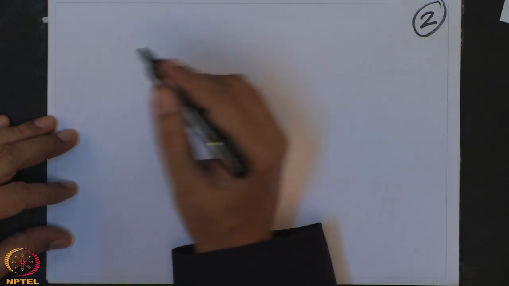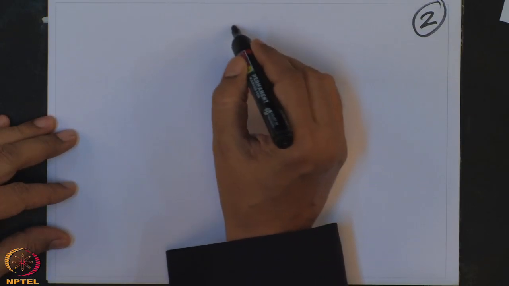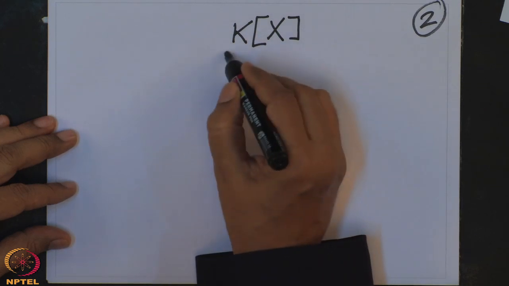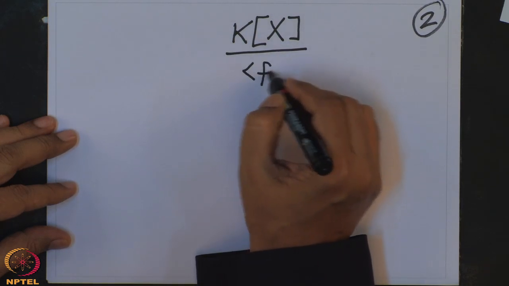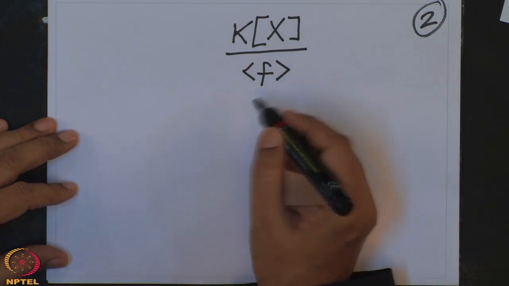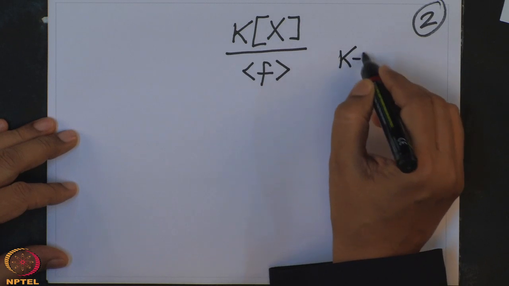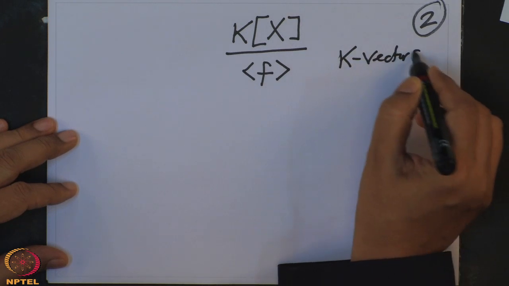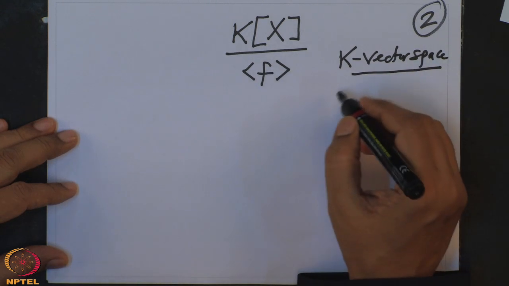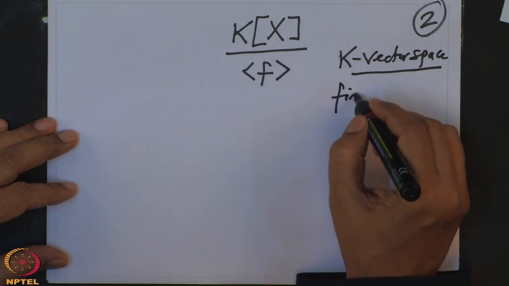You have the polynomial f, monic, that I have already written, and we have this K[X], and go mod the ideal generated by f. Then I get a vector space. This is a K vector space, and the division algorithm will tell you this K vector space is finite dimensional.